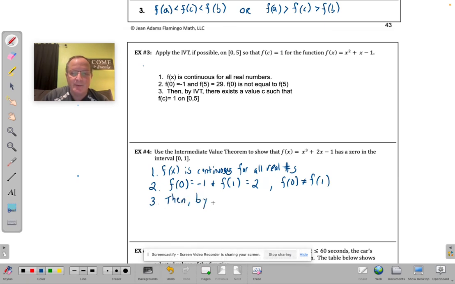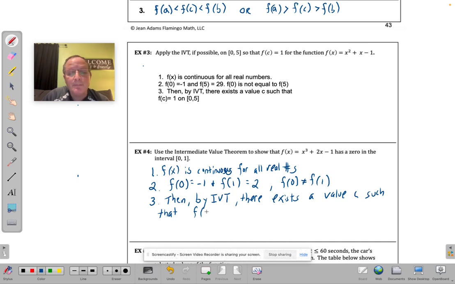So by the intermediate value theorem, there exists a value c such that f of c is equal to 0.